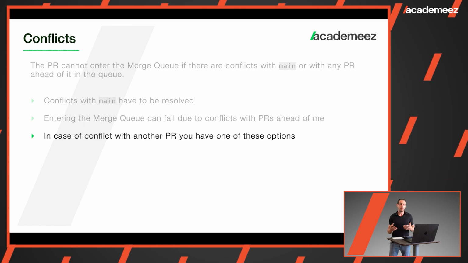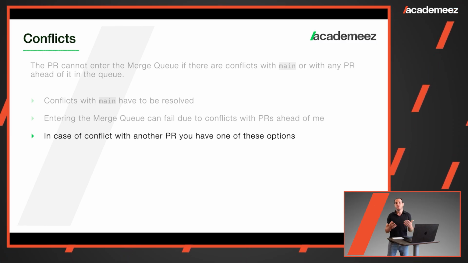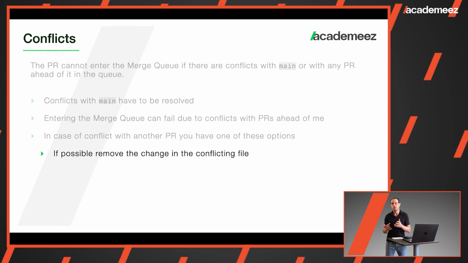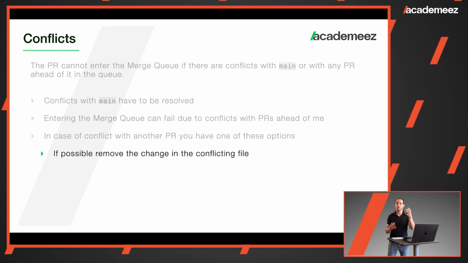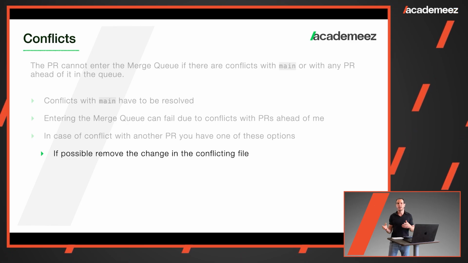In case you have a conflict with another PR, there's a few things that you can do. If possible, you might see the conflicting file and remove the changes from that file, maybe move it to a different PR and then prevent that conflict. So this is one option. It's not that common.